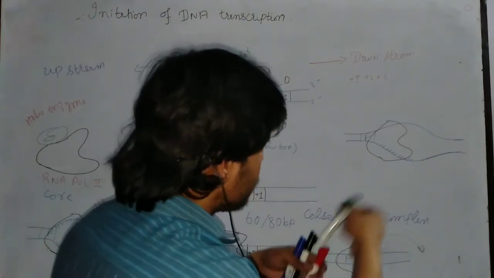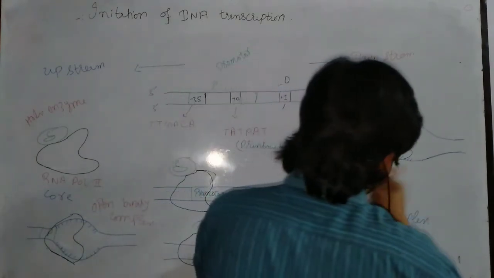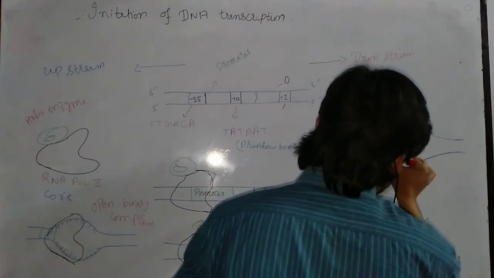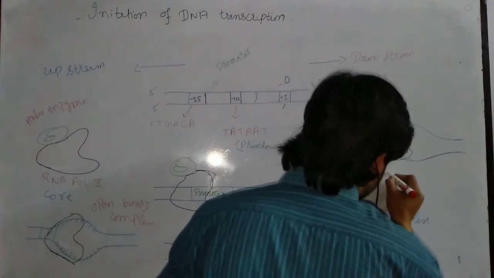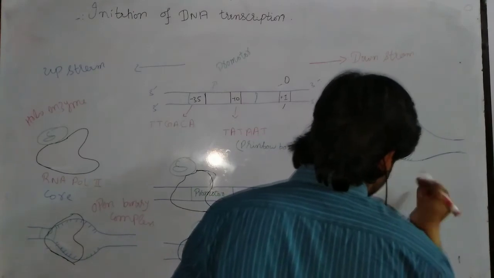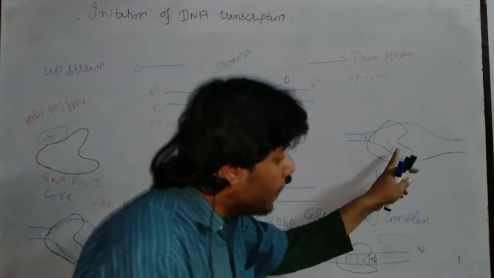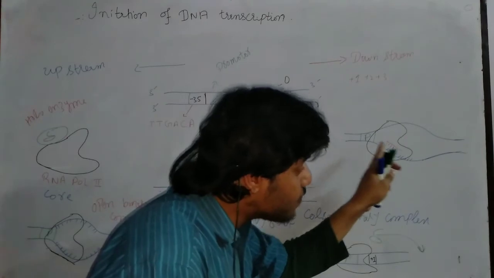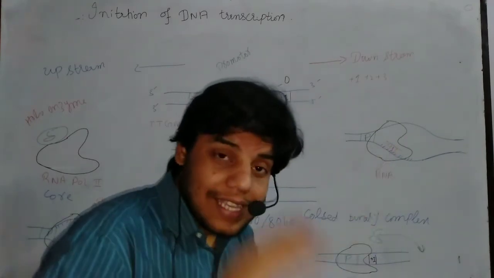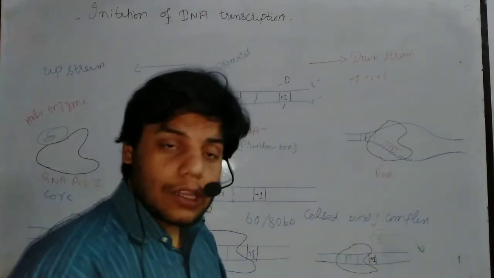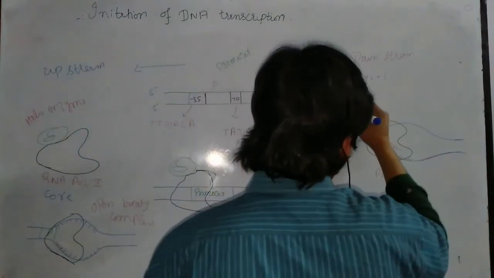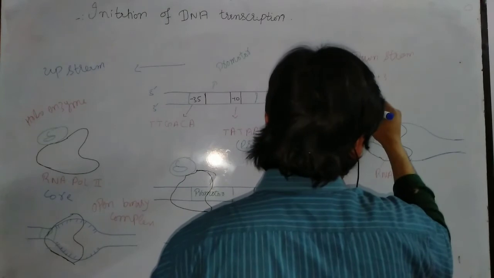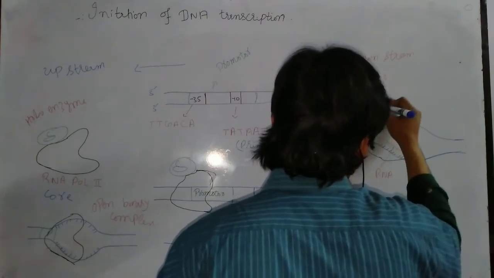Now at the +1 position, as we already talked, the RNA synthesis is started at that specific area. So a few RNA nucleotides are added here. Okay, now at that specific position, when the RNA synthesis starts, we get another complex, and we call that the ternary complex. So let me write ternary complex.